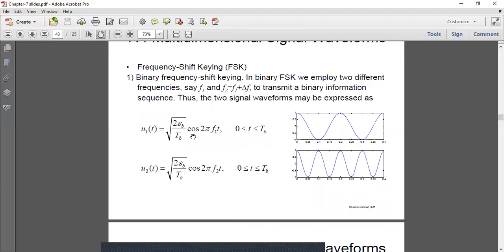The first has amplitude square root of 2 EB over TB, cosine 2 pi F1 t, for the duration 0 to TB, where TB is any time interval. As you can see, this is a signal of one frequency, F1, and this is a signal of another frequency, F2.